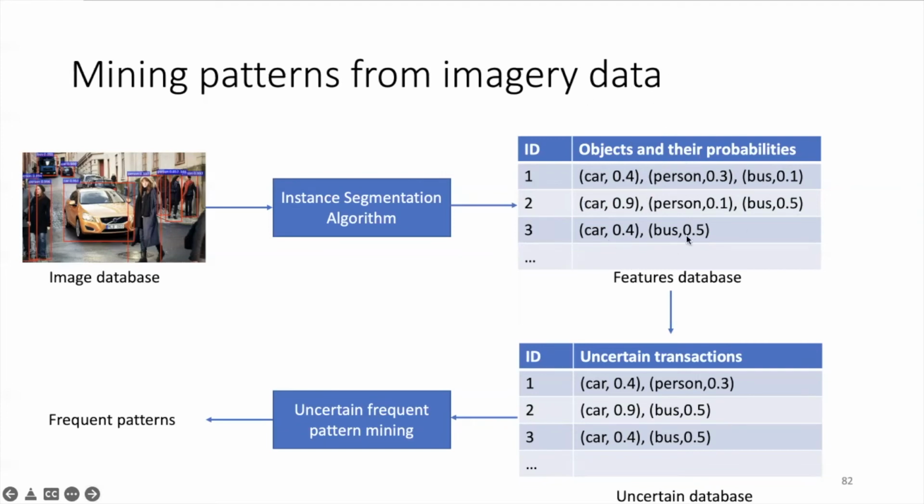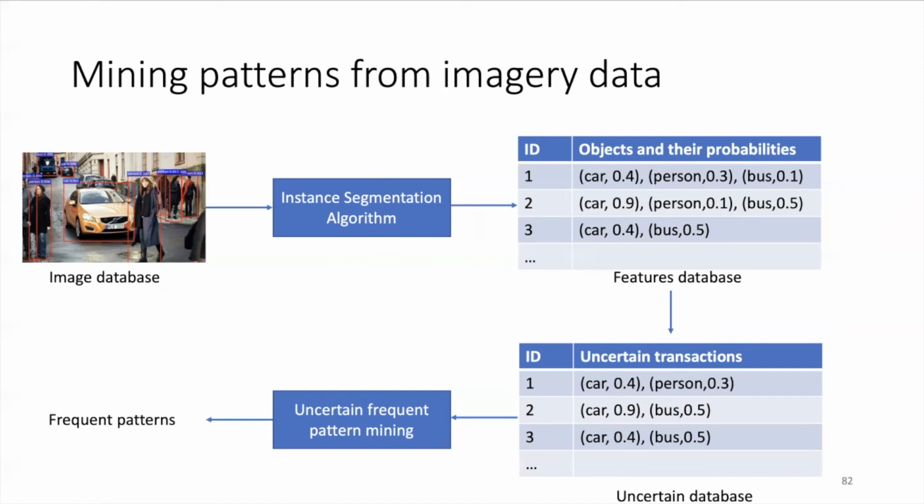This information is called a futures database because they are the features that were identified in an image. This database can be converted into an uncertain database by specifying a threshold value.